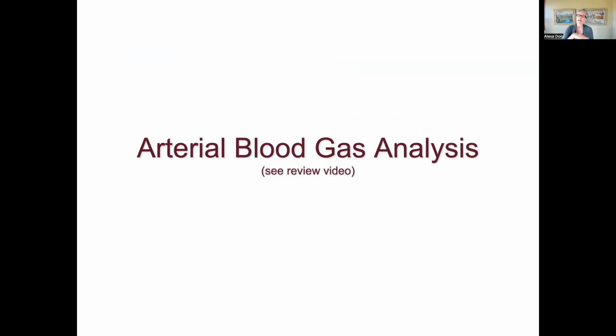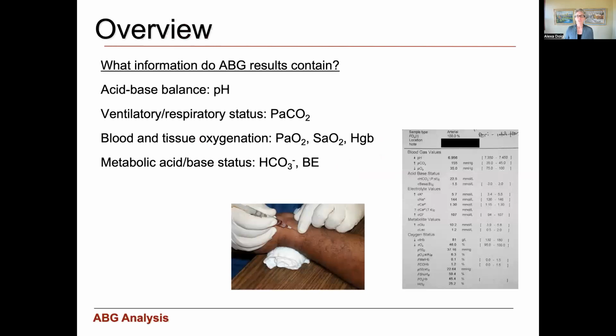I like to go back to the basics in the physiology because I think it helps you think through doing an ABG analysis rather than just following steps that you have to memorize. So just a reminder, when you get a blood gas result, it has all this stuff on it. And to be honest, nurse practitioners and physicians mostly don't use that either.